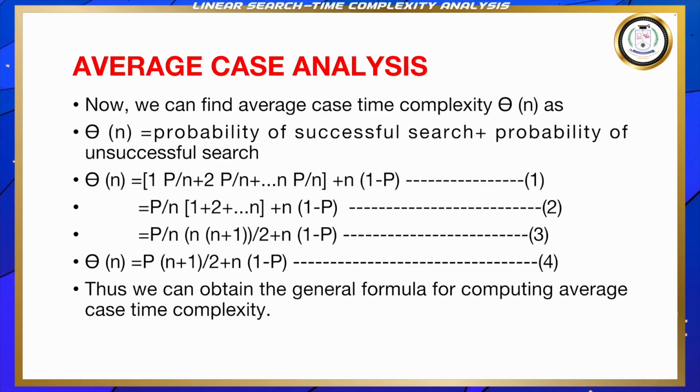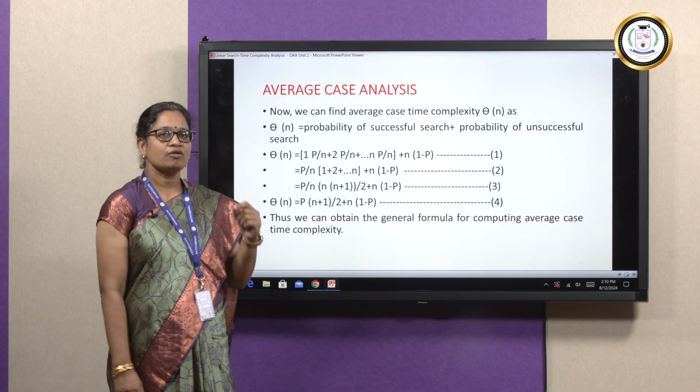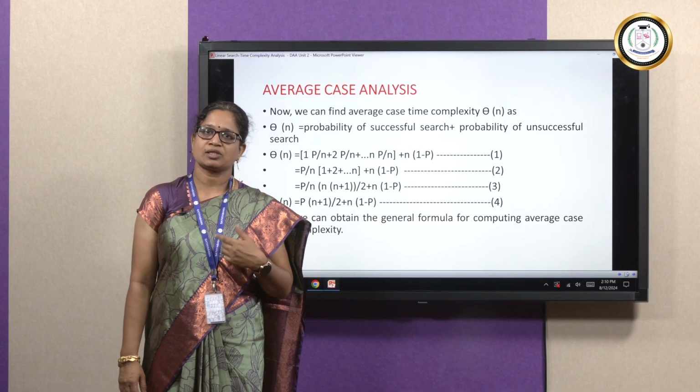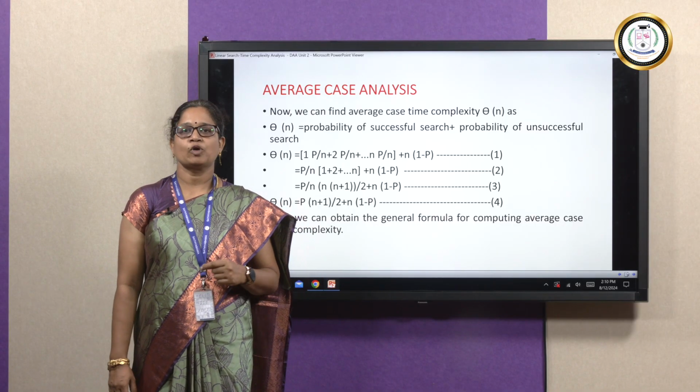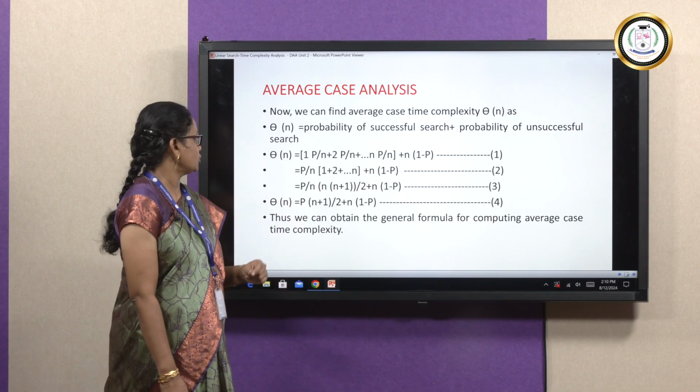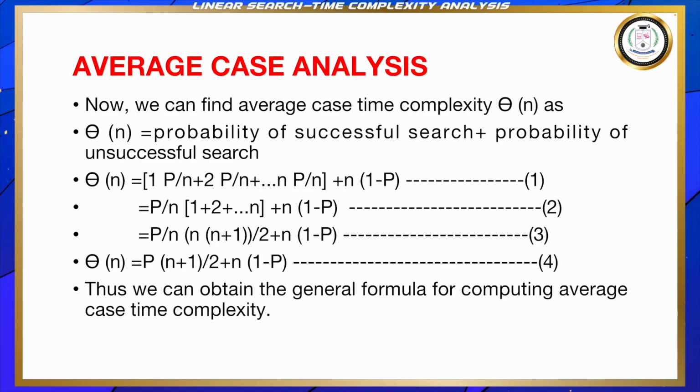Let us find the average case time complexity of linear search now. Usually the average case time complexity is denoted as theta. So theta of n will be equal to the probability of successful search plus the probability of unsuccessful search. Theta of n is given as 1 into p by n plus 2 into p by n, or in other words p into 1 by n plus p into 2 by n and so on up to p into n by n.